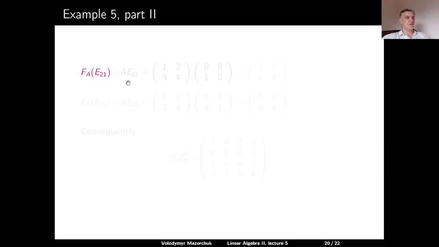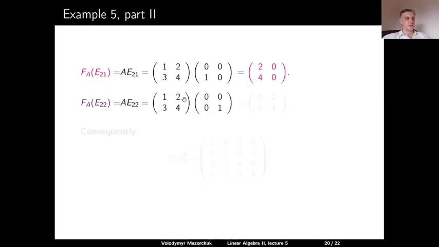Similarly, f sub A applied to E2,1 is A times E2,1. Here is this product written as matrices, and this product equals 2, 0, 4, 0. And finally, f sub A of E2,2 is A times E2,2. Here is this product as matrices, and we get 0, 2, 0, 4.